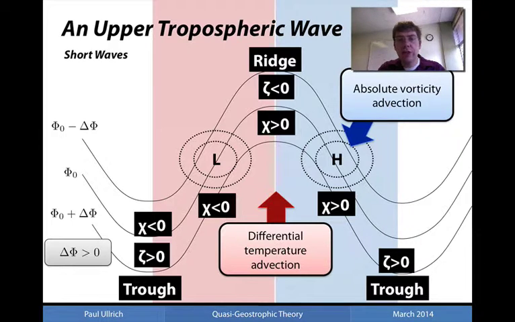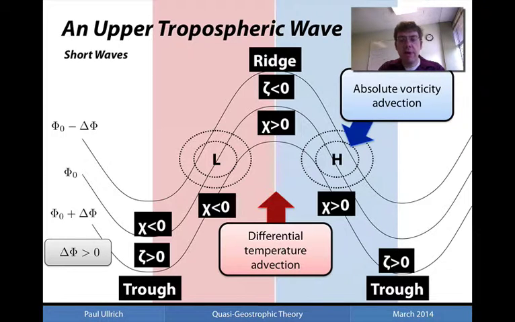So the differential temperature advection, that is the warm front passing through this location, has a tendency to intensify the geopotential and intensify the wave at this location. Cold air advection at the trough also intensifies the wave by driving the geopotential contours lower within this region, hence leading to a negative geopotential tendency.